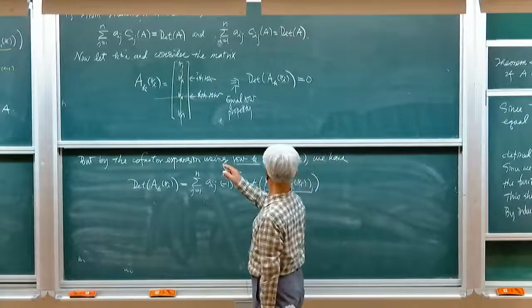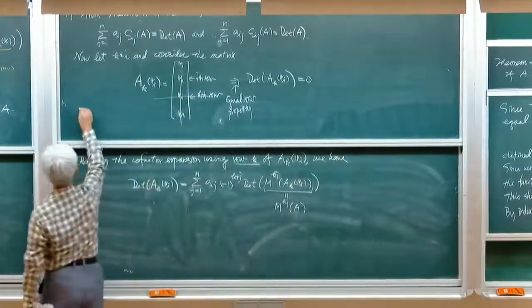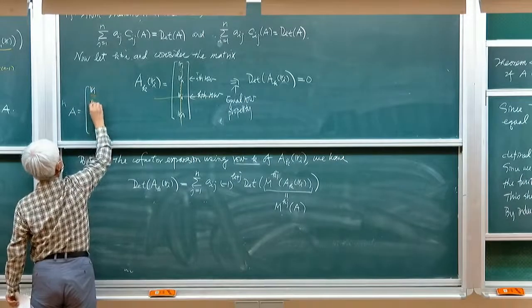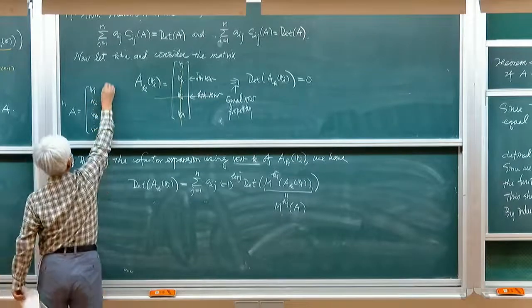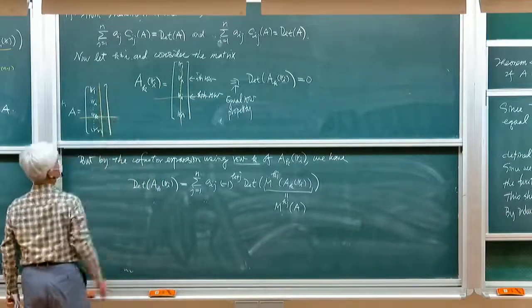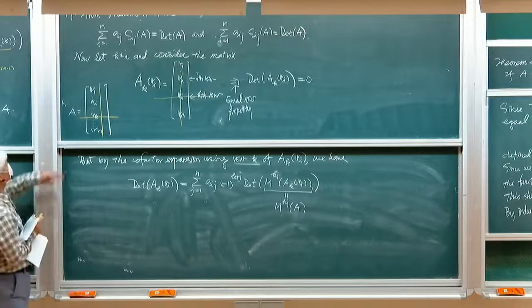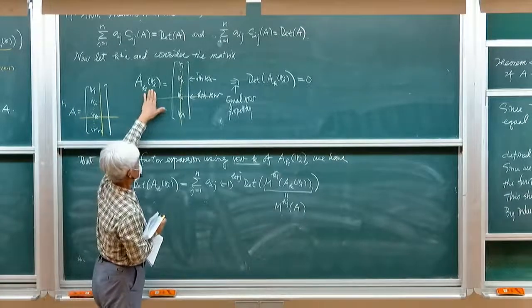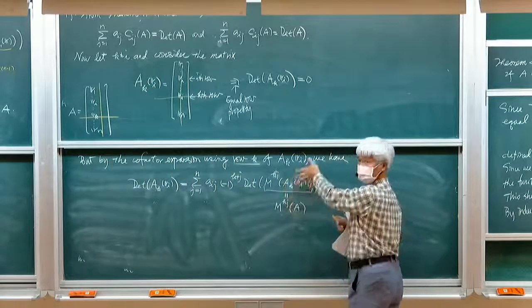If you compare with A, you remove the kth row, the same j. So the kj minor of A and the kj minor of A_ki will be the same. So these two minors are the same.